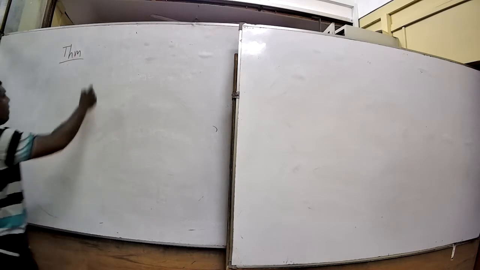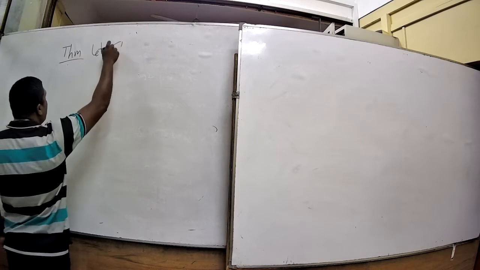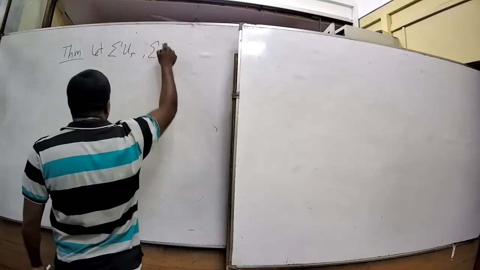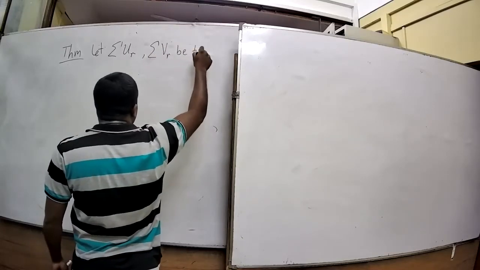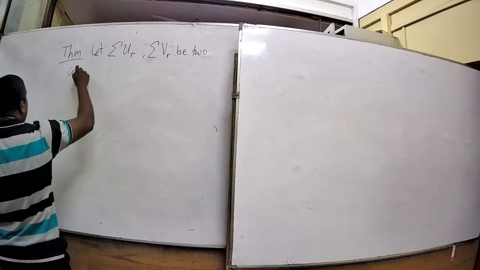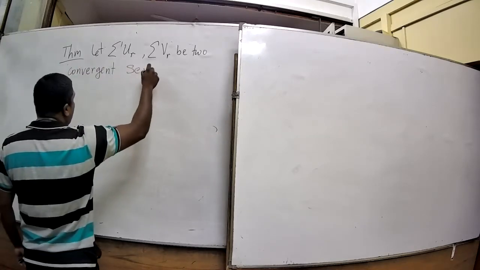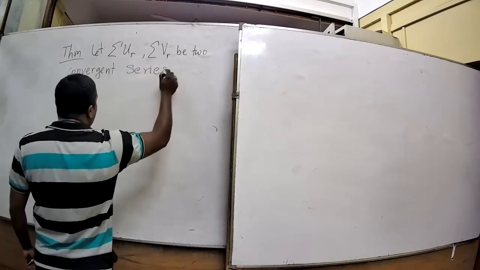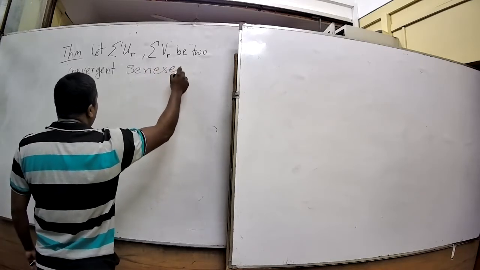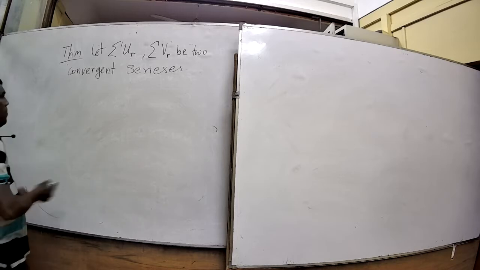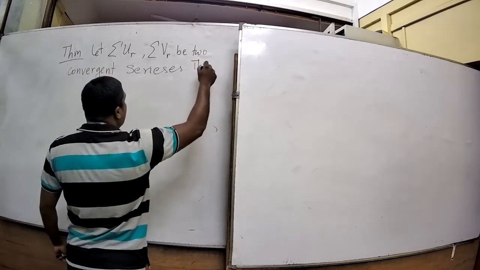Let us take two convergent series, the series summation of u_r and summation of v_r, be two convergent series. Then the following two results are true.